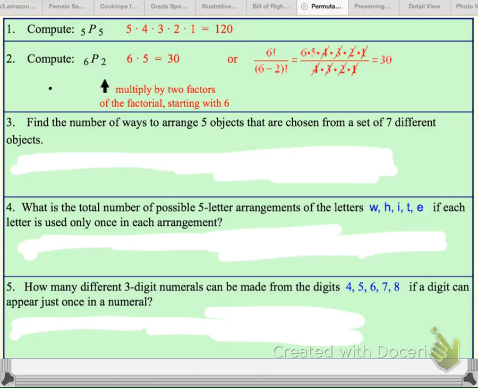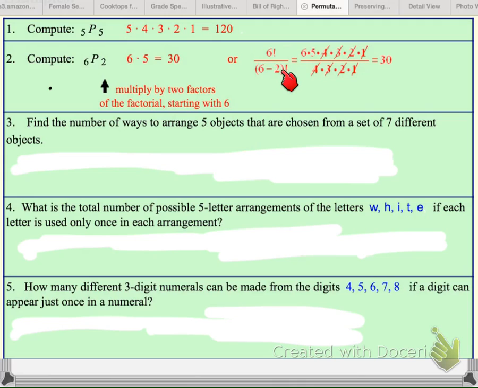Okay, the perfect problem for this. So we know that 6 factorial is 6 times 5 times 4 times 3 times 2 times 1. And then on the bottom, I'm taking this 6 and subtracting 2 because I only want those 2. Well, 6 take away 2 is 4.